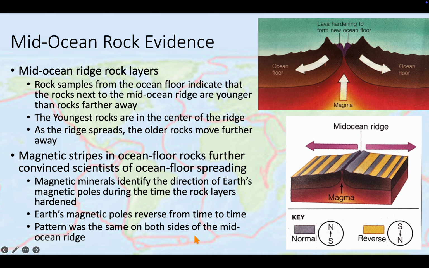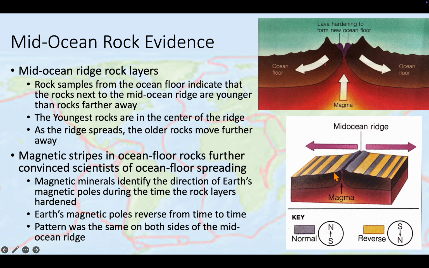The pattern was the same on both sides of the mid-ocean ridge. The stuff in the center is cooling at the same time, so it has the same north-south orientation. That next layer on both sides, that yellow one, would be the same because it formed during a reversal, and so on and so forth.